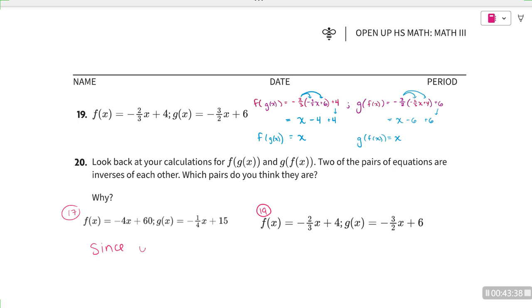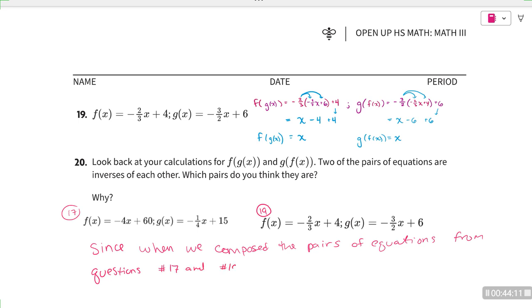Since when we composed the pairs of equations from questions 17 and 19, the result was not 0.